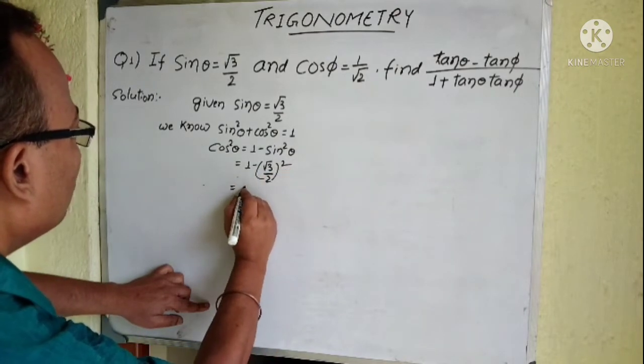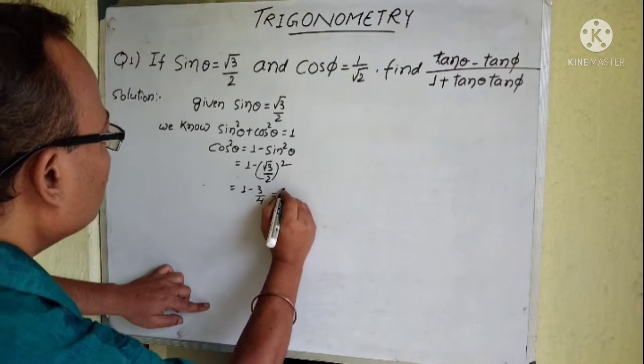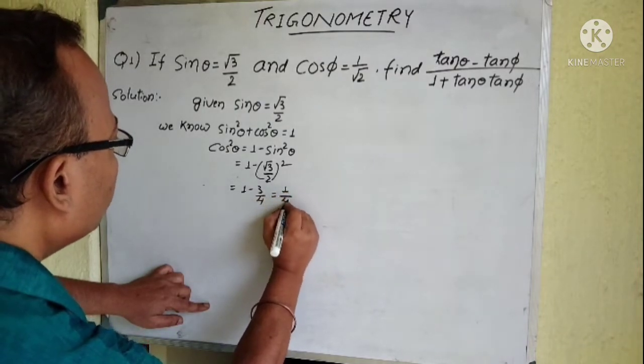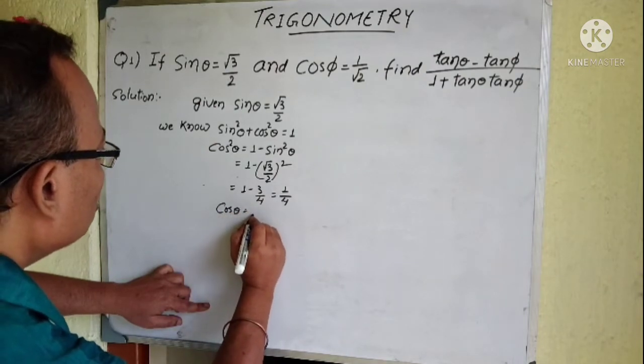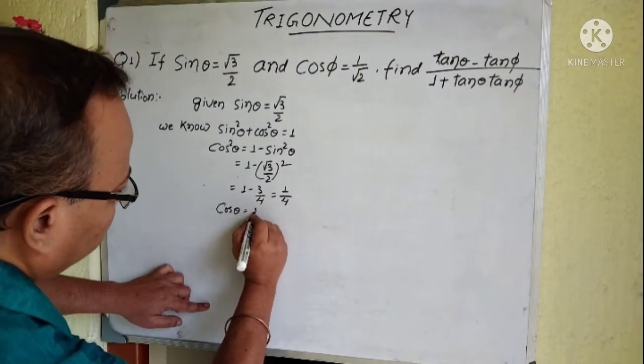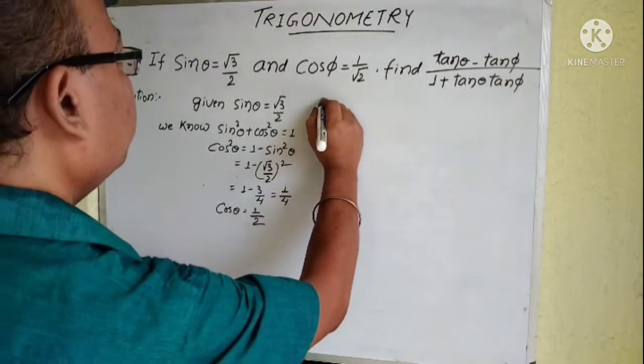So it will come 1 minus 3 by 4, which is equal to 1 by 4. So cos theta is equal to 1 by 2.